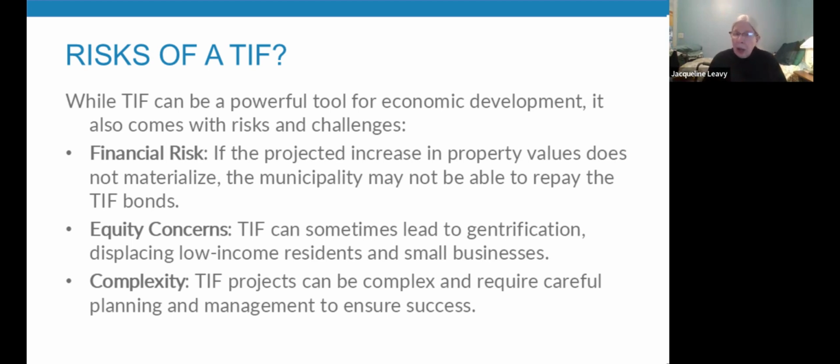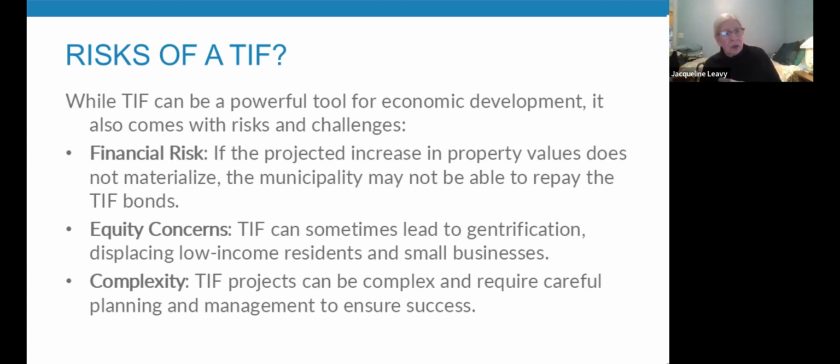In Chicago, there was a big risk of gentrification in some neighborhoods because our property taxes are so complicated in Cook County in Illinois that there was a lot of gentrification that happened, and there was a lot of displacement of low-income residents and small businesses.